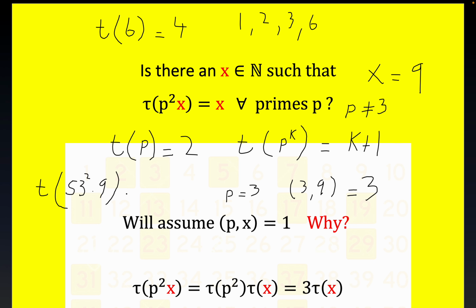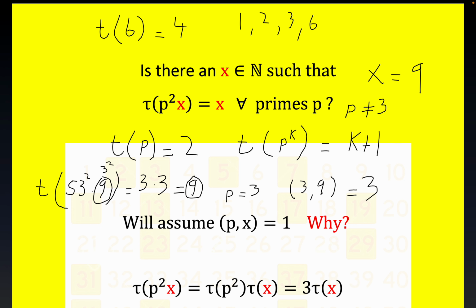But notice this would be equal to 3 times 3, because this is the same as 3 squared here. And there is a rule that says you can take each of these exponents and increment them and multiply. Here you can directly see what's going on. But there is a simple combinatorics truth that says if you take each exponent and increment it and take the product, you also get the number of divisors. But notice this is equal to 9. There's our magic condition. Nothing special about 53. Any prime will do other than 3.